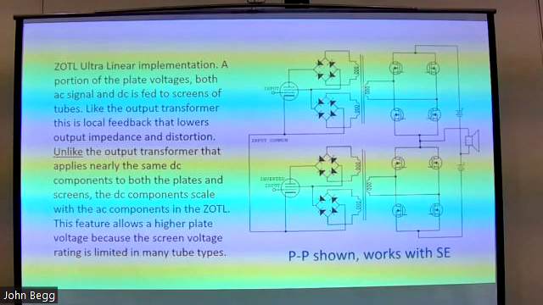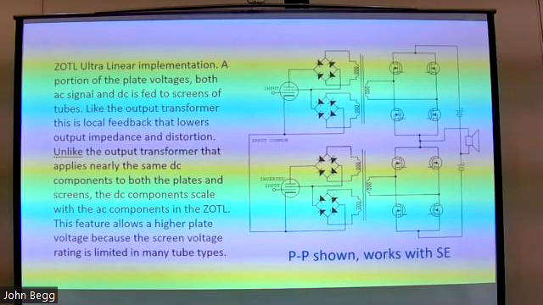So in the case of the ZOTL ultralinear, if I do it that way with 4 and 8, the DC component of the screen will be half of what the plate DC component is. That's pretty useful for a lot of tubes that can't handle the screen voltage.